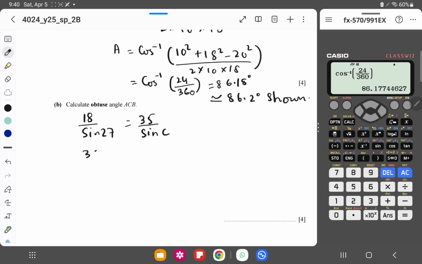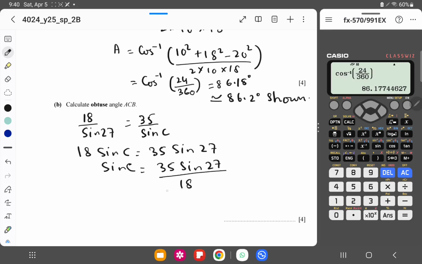So 18 sine C is equals to 35 sine 27. Sine C is equals to 35 sine 27 upon 18, and C is equals to sine inverse 35 sine 27 over 18.